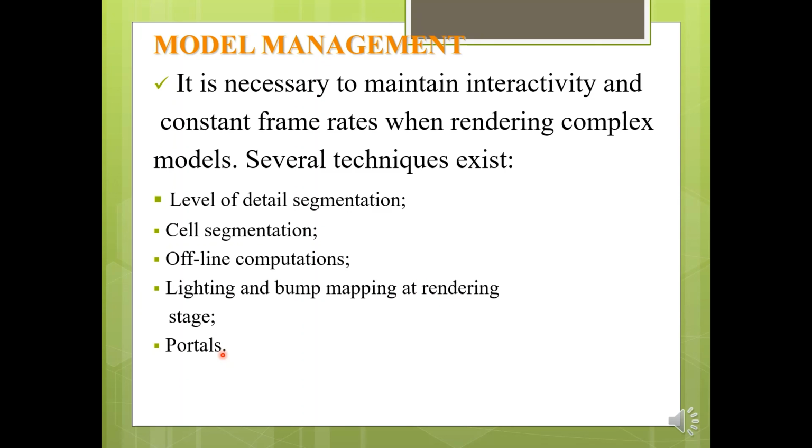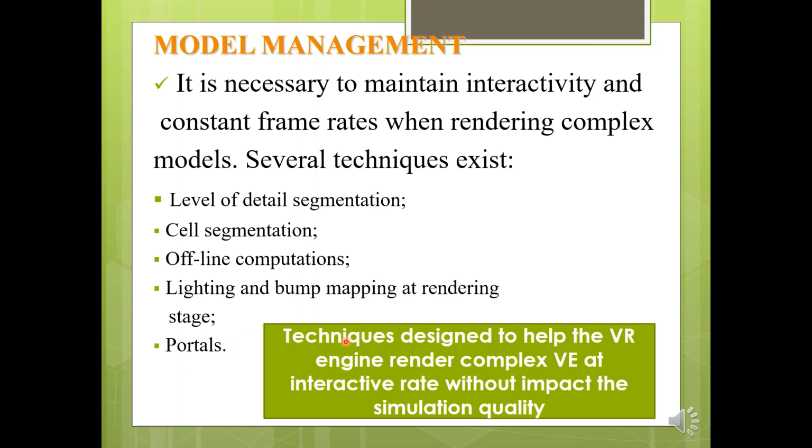Why do we need all of these techniques? Because they help the VR engine render complex virtual environments at interactive rates without impacting the simulation quality. So by applying these techniques, the VR engine can maintain the same simulation quality without affecting the quality when rendering.